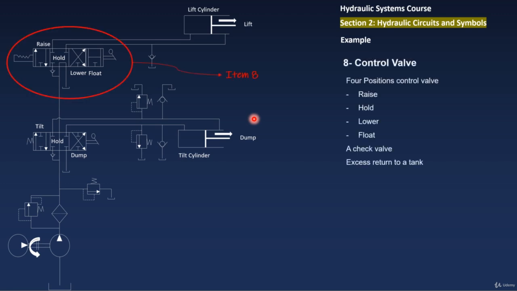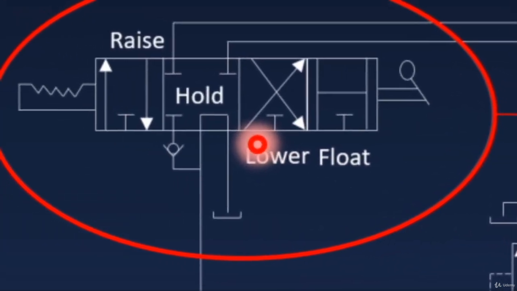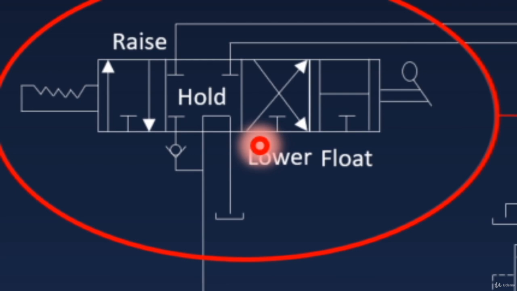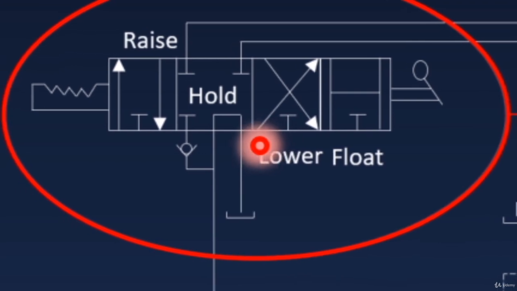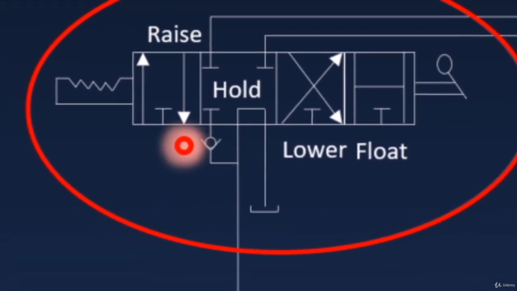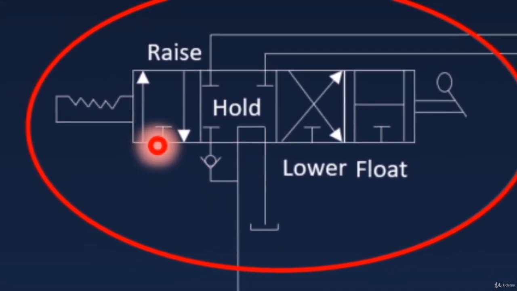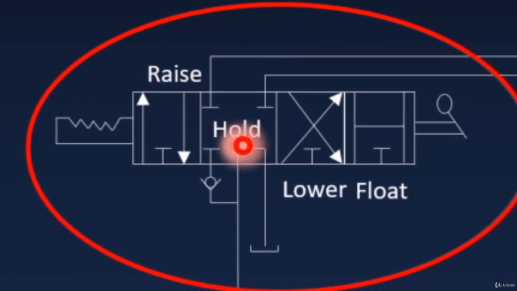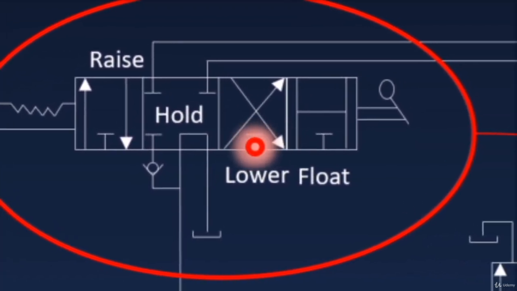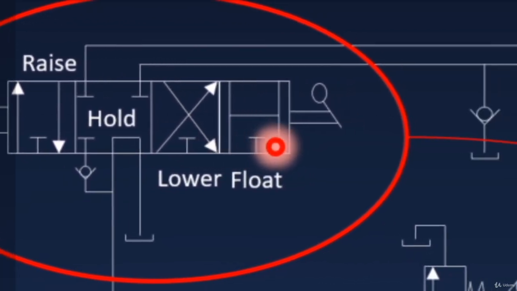Then the next item will be again a directional control valve, and in this case we have four positions because we have 4 envelopes, and it is a 5-way valve because we have 5 ports, 1, 2, 3, 4, 5.